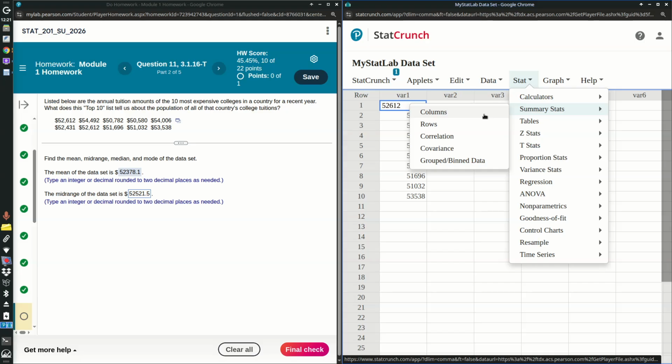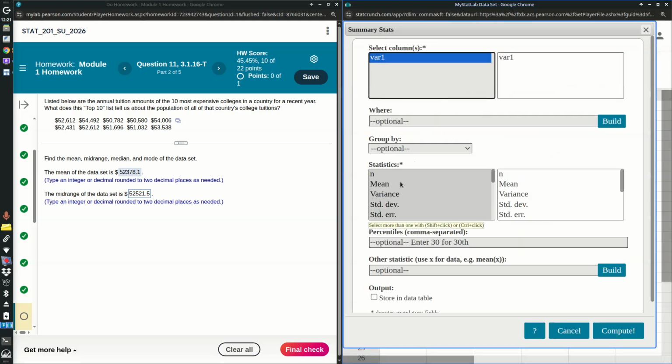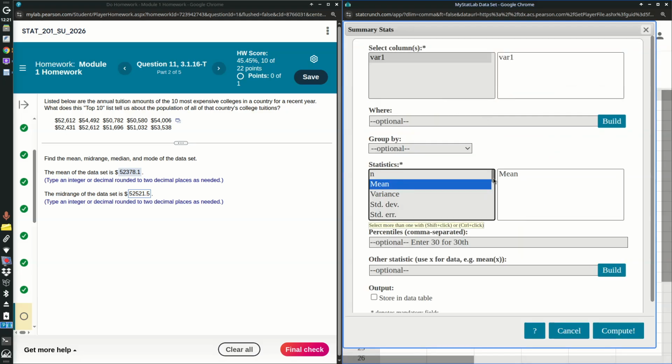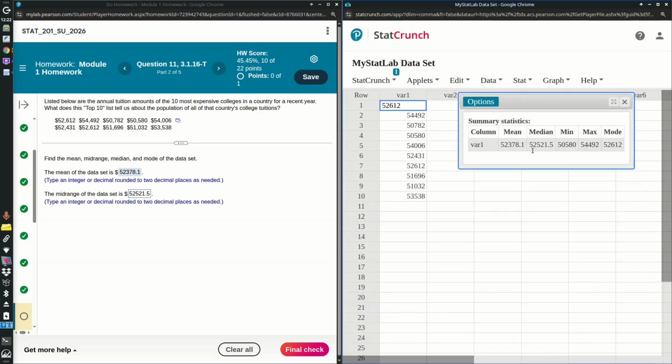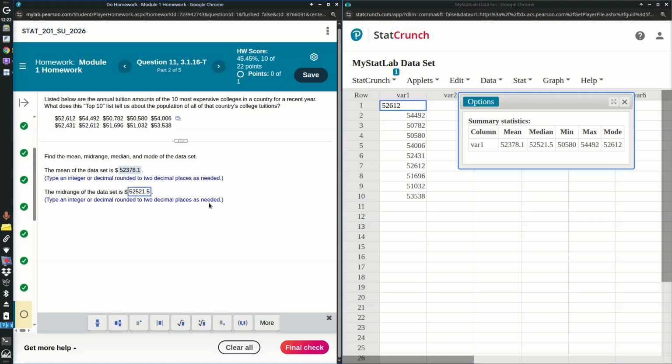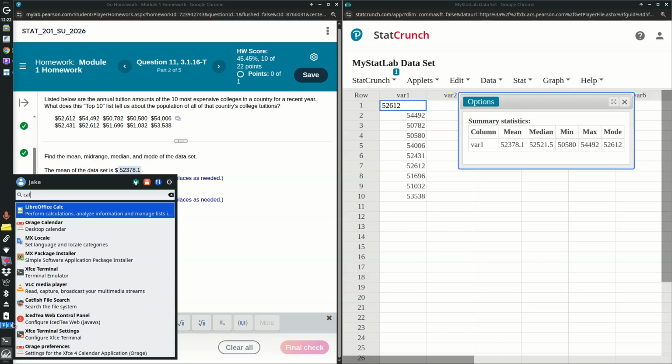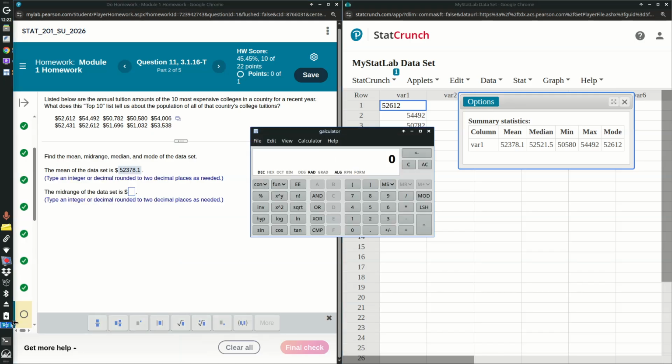Stat, summary, column, variable. Maybe I did it in the wrong order. Mean, median, min, max, and mode. We'll do it by hand to double check if we get the same value. 52521.5. So what is that? 2 decimal places? So if we order the data, we could look at our 2 middle numbers.